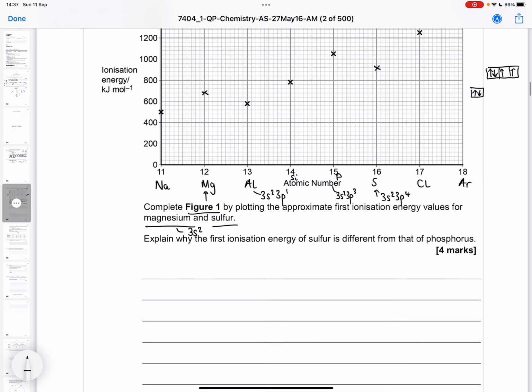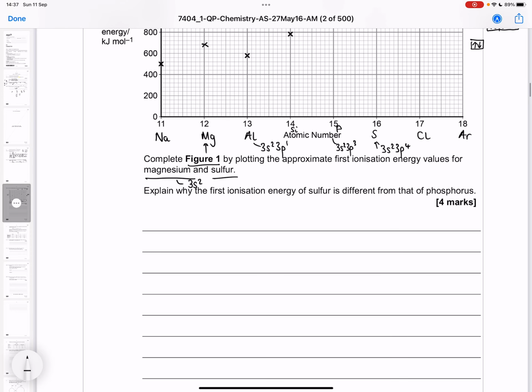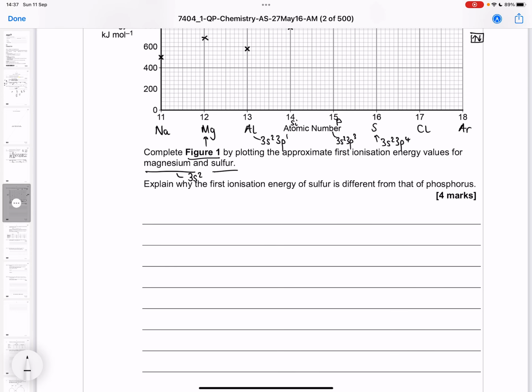So explain why you've done what you've done. We've scored 2 marks already for our 2 crosses. Explain why you've done what you've done for sulfur. And so you need to say, at sulfur, the electron has to pair up. Now we need to be specific here.